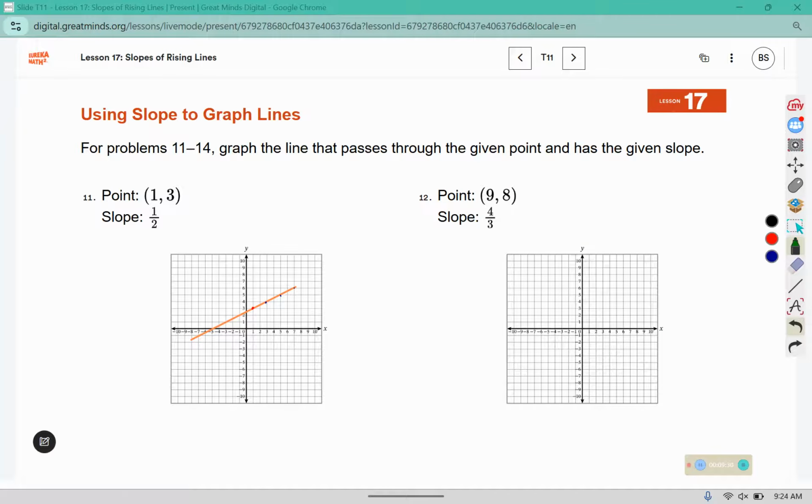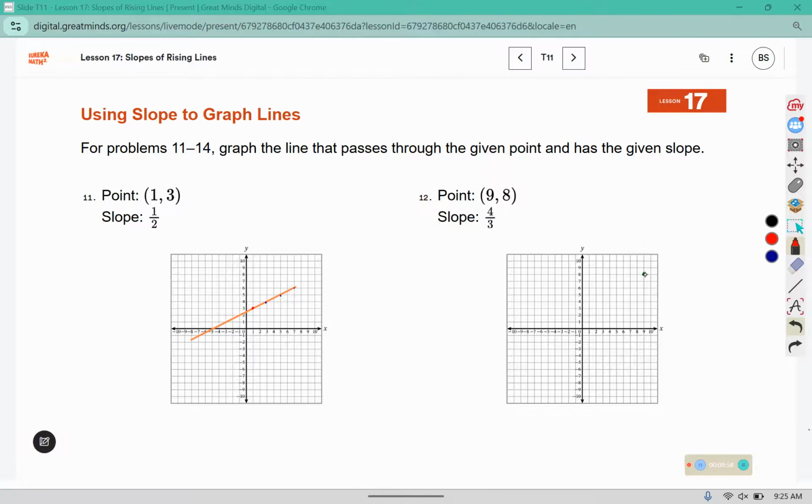For this one, we're starting at the point 9, 8. And we need to go up 4 and over 3. But because there isn't enough room on the graph to continue, we can kind of work backwards. We know that our slope triangle should be a 4 by 3, and 3 should be the part that goes over.